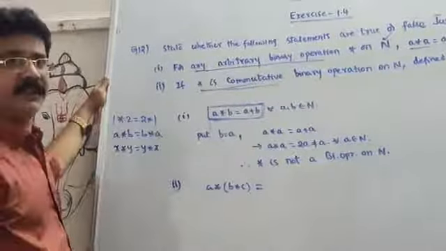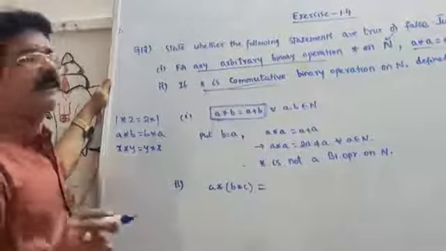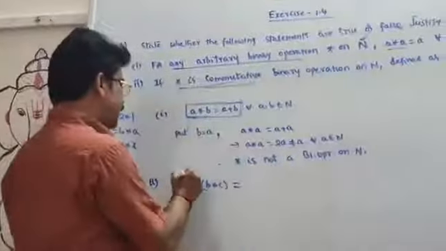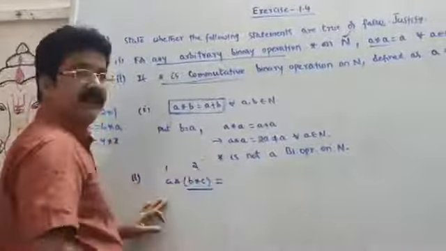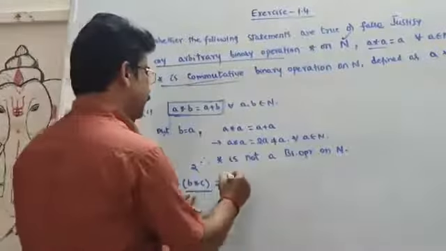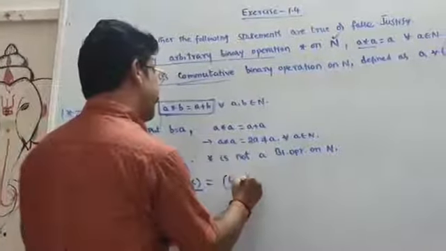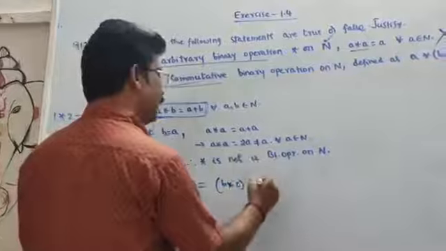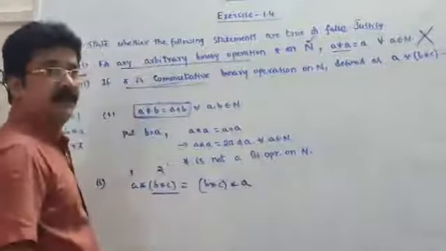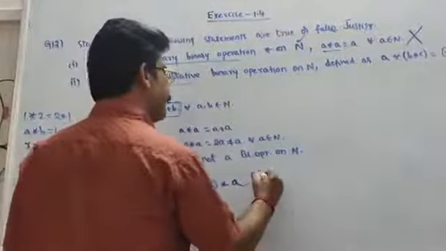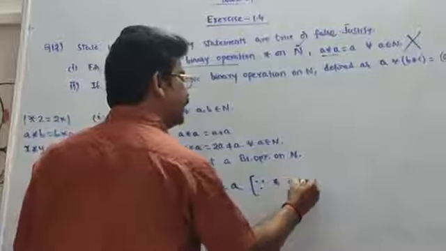It is the commutative law, just like AB equal to BA. So first element, this is the second element. So we can write second element star first element, because star is commutative.